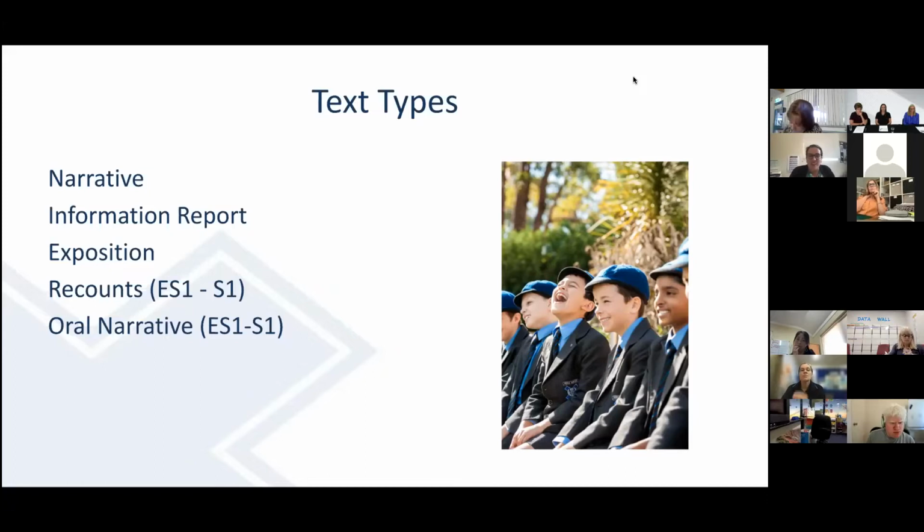And in light of the new syllabus that's being implemented next year, we're going to look at utilising oral narrative across K to 2, because oral language is a huge focus of our new K to 2 English syllabus, as you would all know. We're hoping that poetry becomes available at some point as well, but we understand that there are so many different forms of poetry that it would be quite difficult.